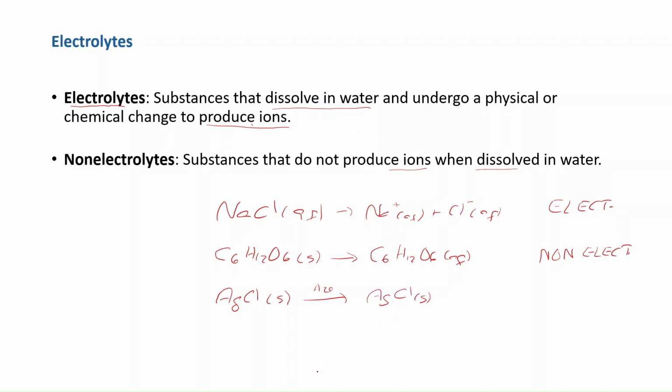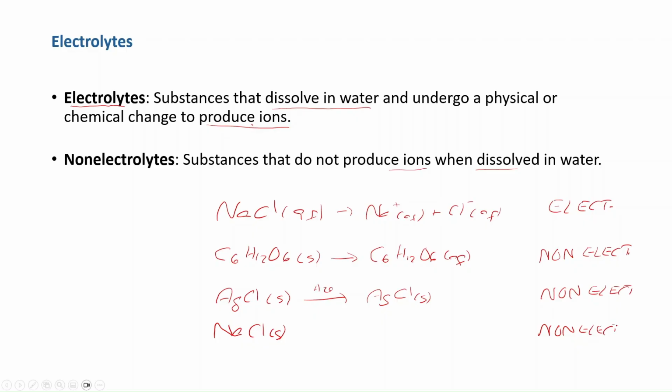It did not dissolve, so that's a non-electrolyte. My favorite, if I want to catch students unaware, solid sodium chloride. And everybody says, sodium chloride is an electrolyte. No, it's the solid. It's not dissolved. You have to dissolve it in water first, then see if it produces ions. This is not dissolved, so that's a non-electrolyte.